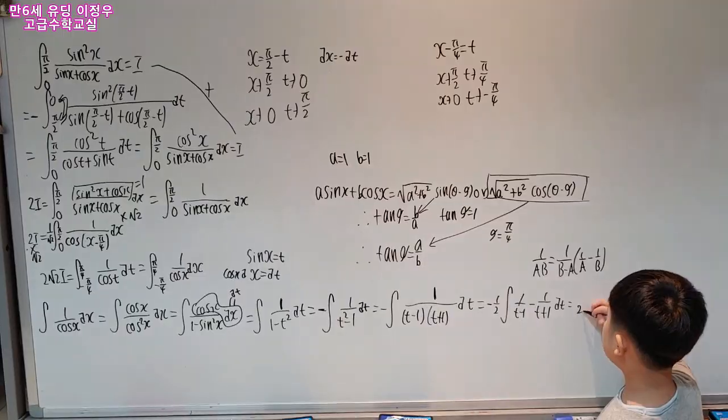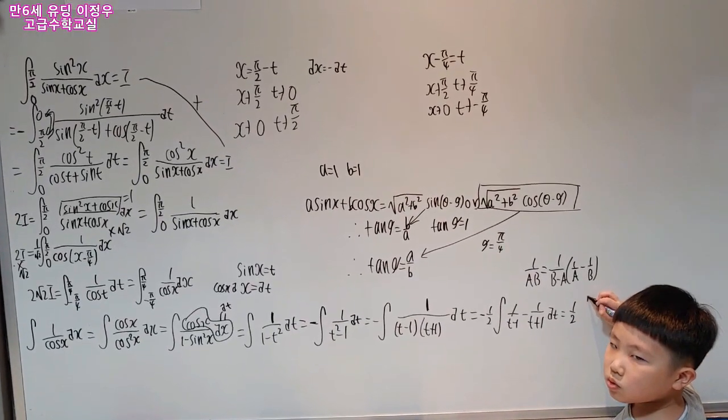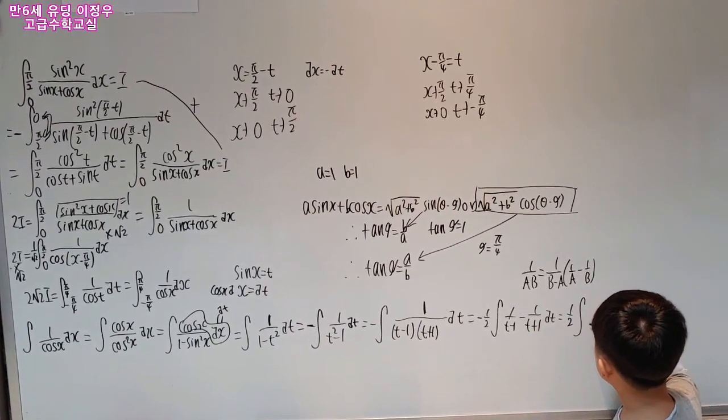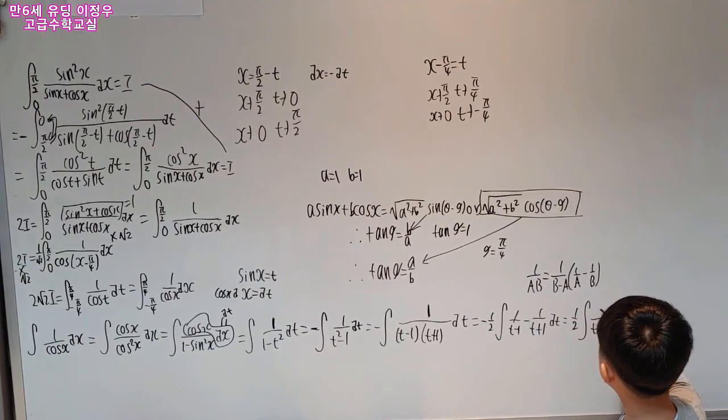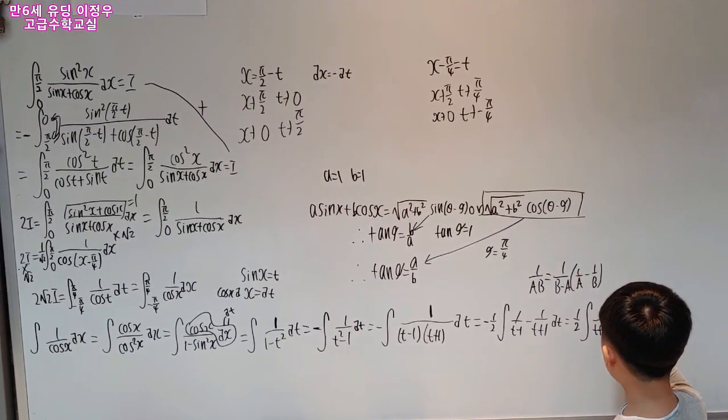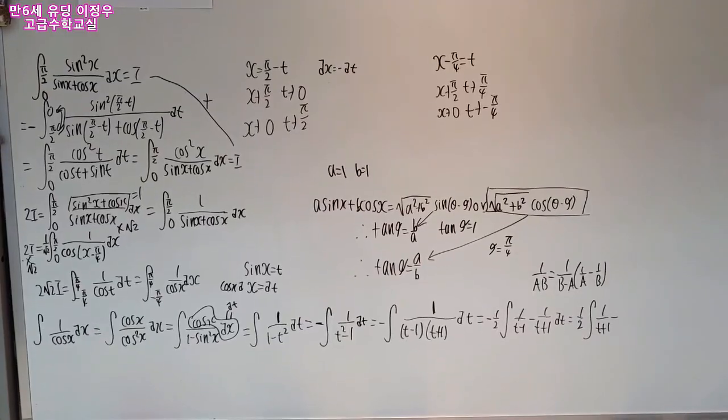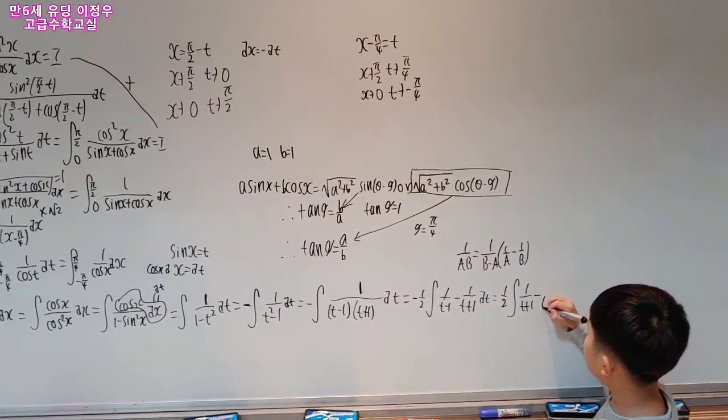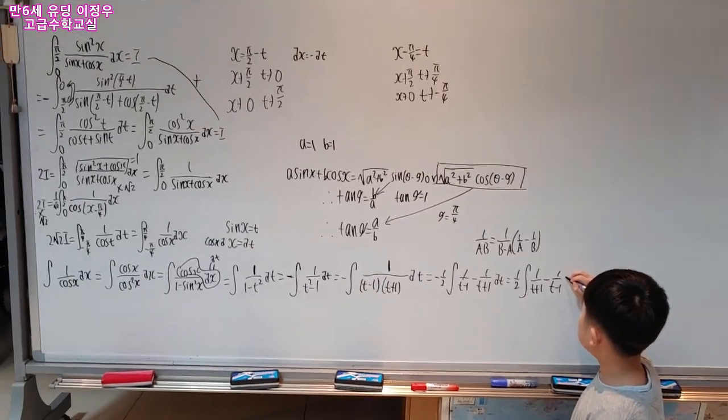This is 1 over 2 times 1 over t plus 1 minus 1 over t minus 1, dt.